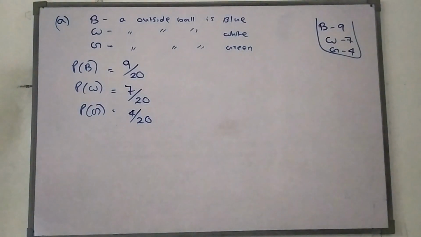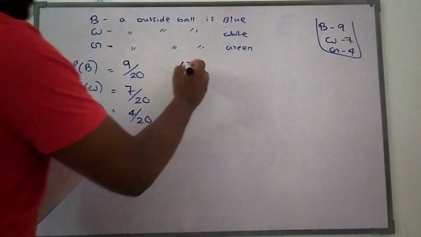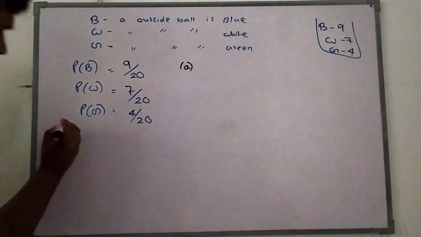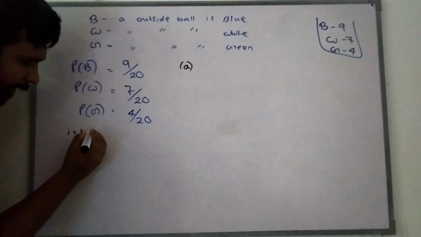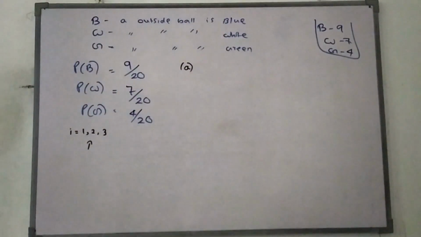So the first question, part A: all 3 balls will be blue. First I'm going to define another variable i equal to 1, 2, 3, the selected time: the first selected ball, second selected ball, third selected ball.